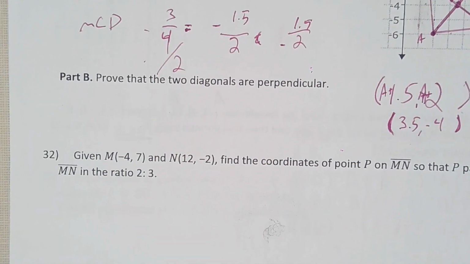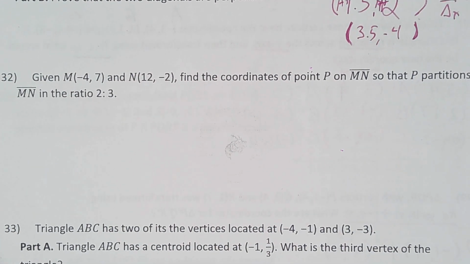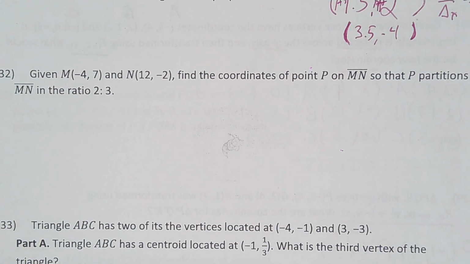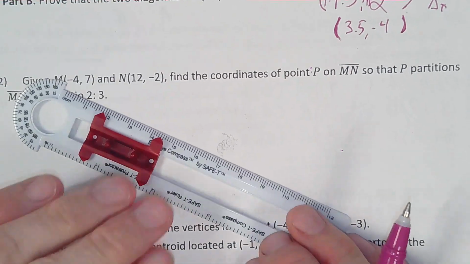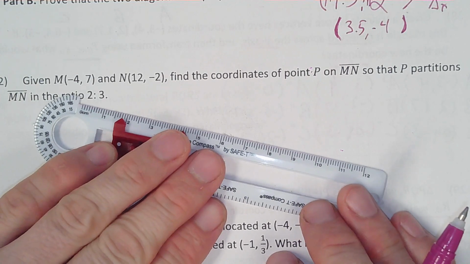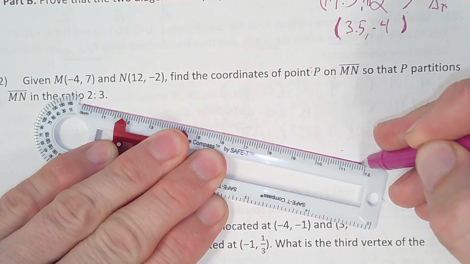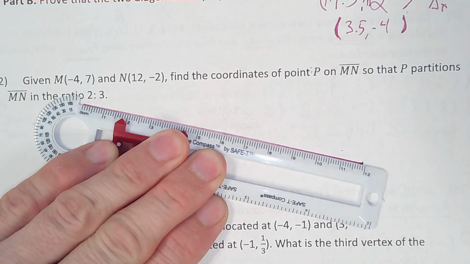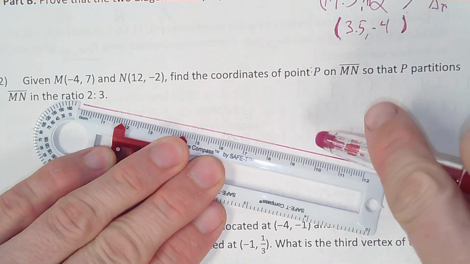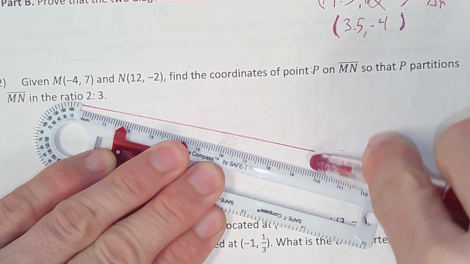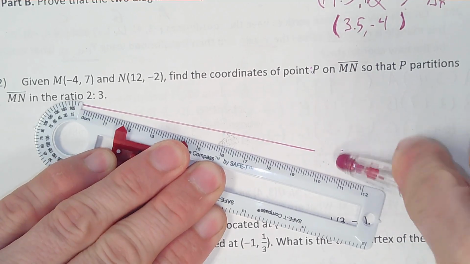So here we go. We have two points on a line, from, let's say, right here to here. No, I want to go from here to here for a specific reason, right?